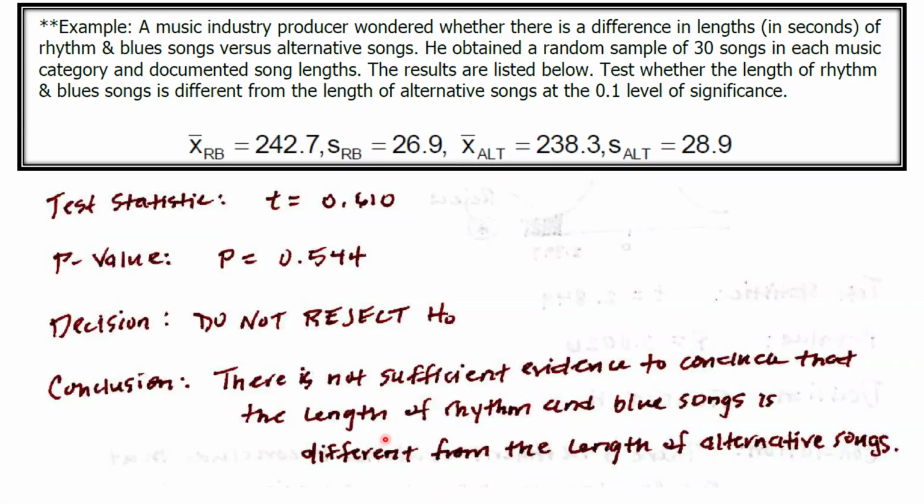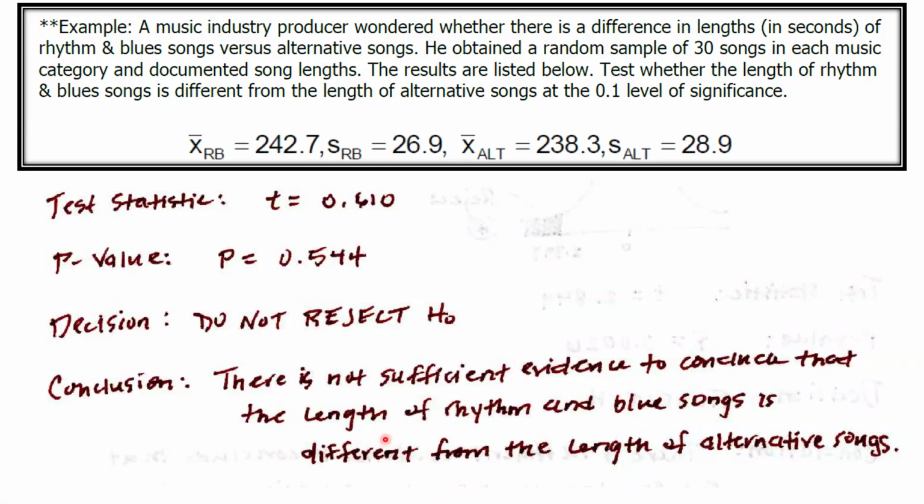If we subtract that, there's a difference of approximately 4.4 seconds. So our verdict after running this test is that while R&B songs are slightly longer, this 4.4 second difference is not statistically significant.